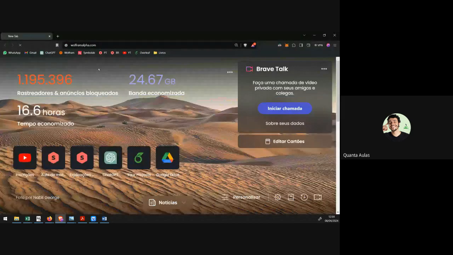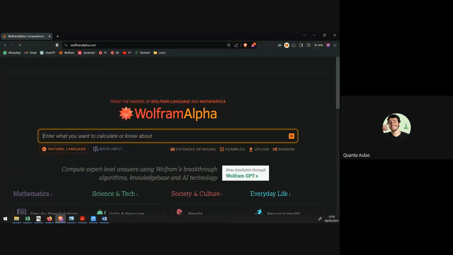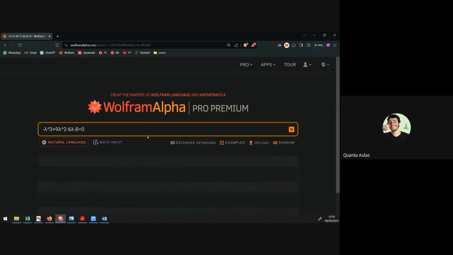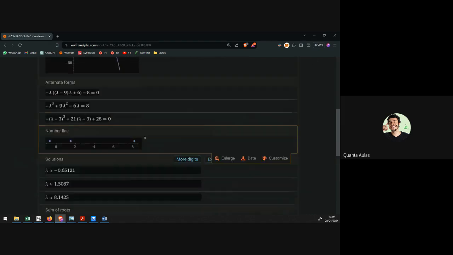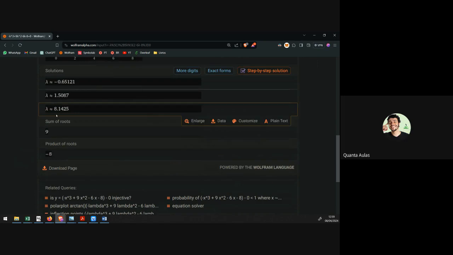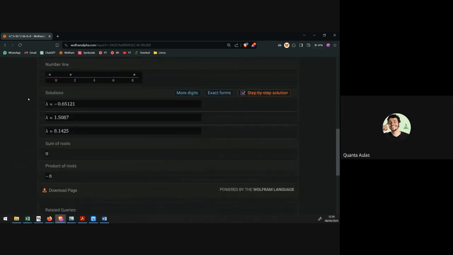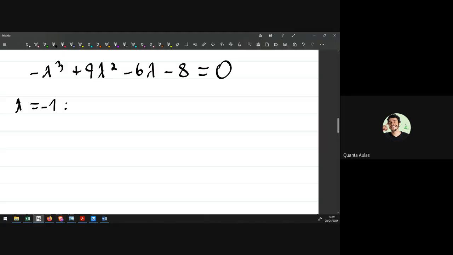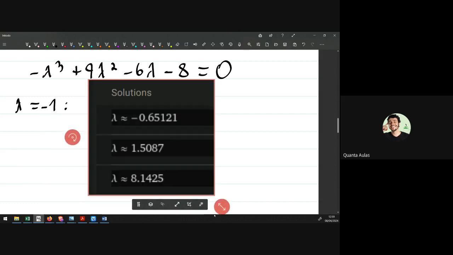For example, we have this site. This is a very powerful site. I will put the equation here, and it finds some solutions for you. Okay, these 3 solutions. These are the 3 eigenvalues.